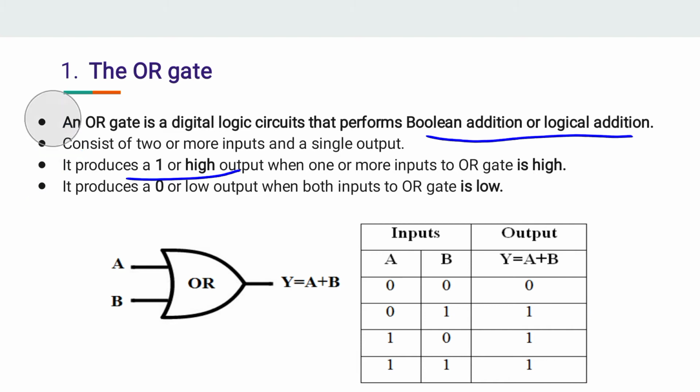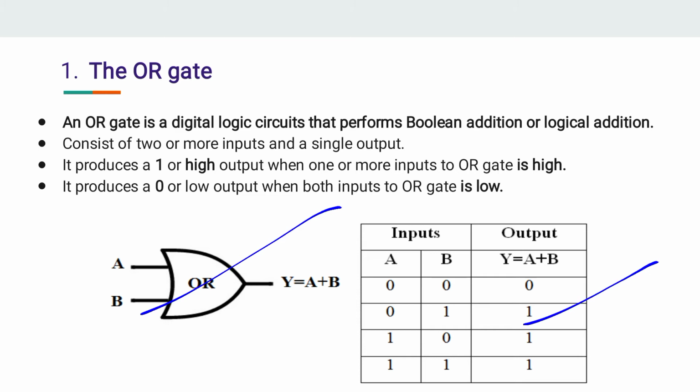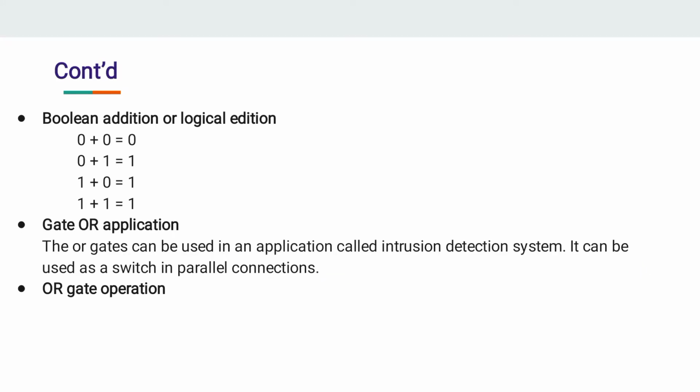Below are the logical symbol of the OR gate and the truth table. The operation behind the OR is addition. When you add both 0, you will get 0. When you add 0 and 1, you will get 1. When you add 1 plus 0, you will get 1.